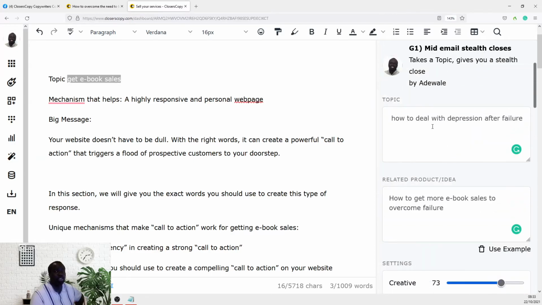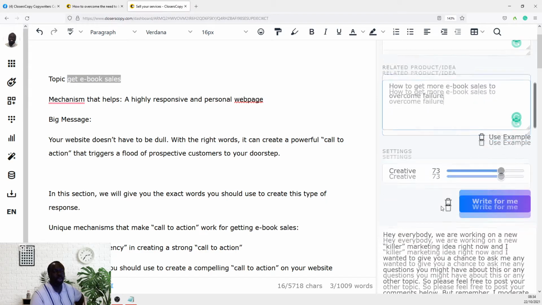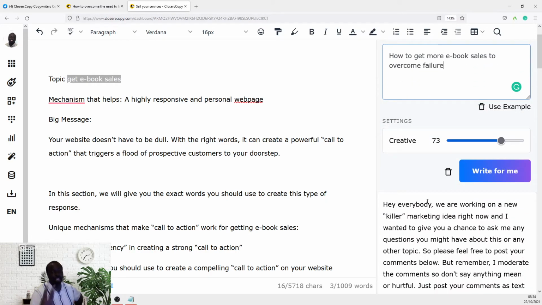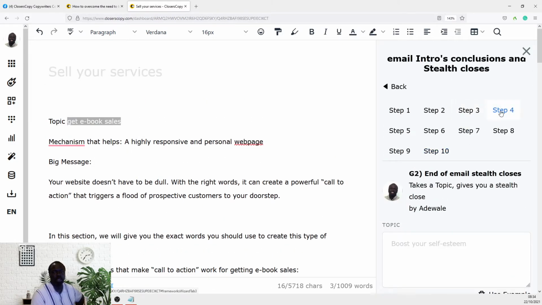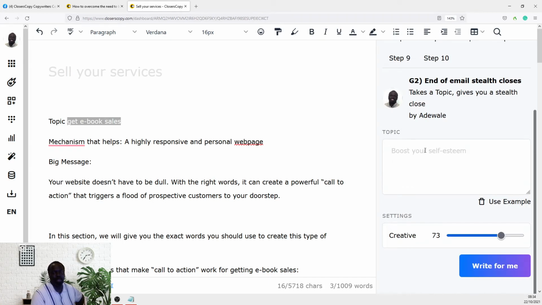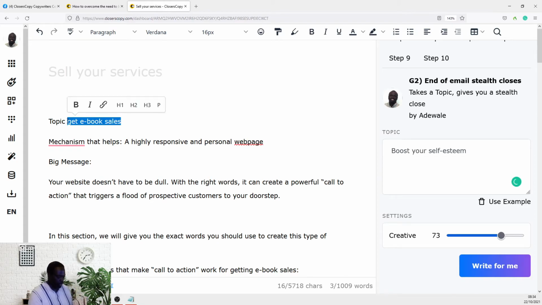The idea is you put in a topic, you put in a related product or idea, and it should then give you a way of bridging into the link to your product idea. So that's one stealth close. The one at the end is perhaps more straightforward, because all you need to do is put in the topic.